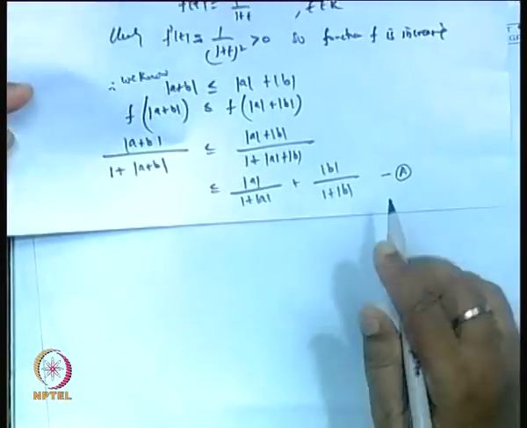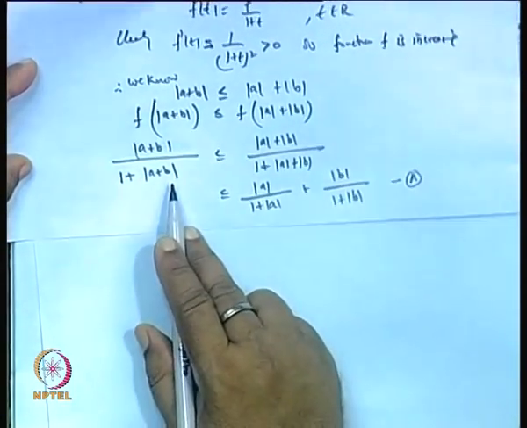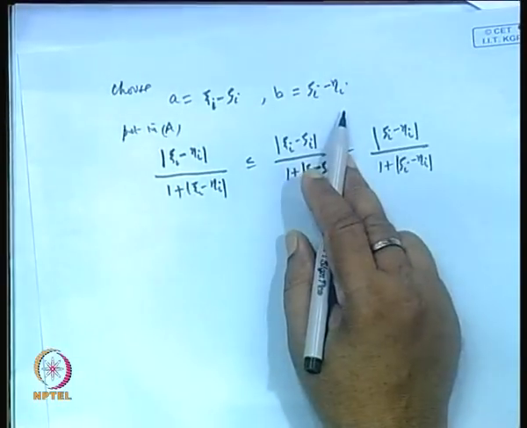Using this inequality, if I put a and b as suggested, we get this.